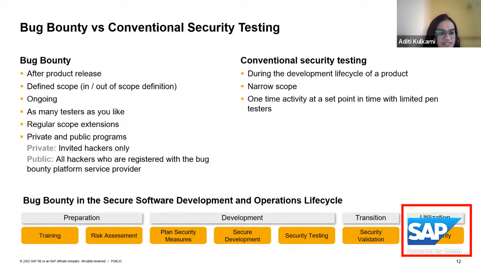In bug bounty, these are all the options that a vendor gets to choose from. So that's basically what the differences are between a bug bounty and conventional security testing, and that's how it is also beneficial for a vendor. That basically ends my overview of bug bounty programs.